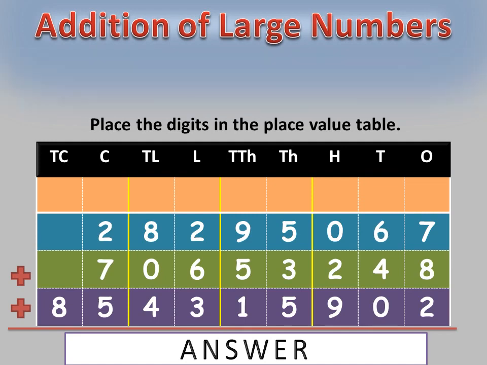So let's start by adding these three large numbers together. As usual, we start adding from ones, then tens, then hundreds, then thousand, then 10,000, then lakh, then 10 lakh, next crore, and lastly 10 crore.